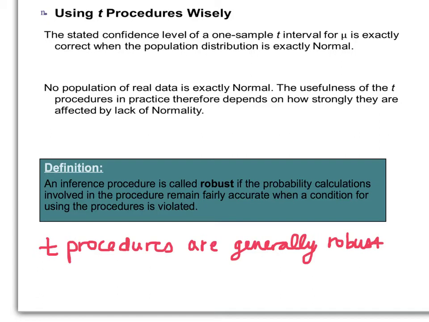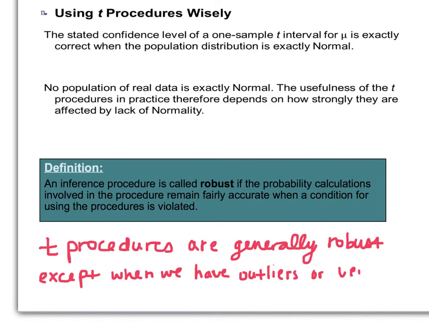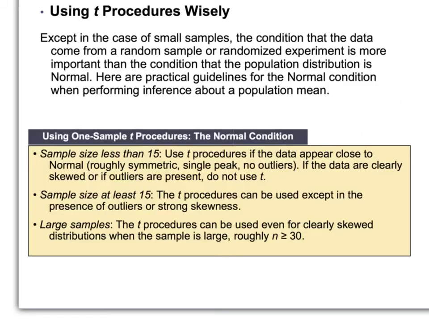The only time my t procedures are not robust is when we have outliers or very skewed data. And remember, this all has to do with the population. Okay. So generally, our t procedure will still give us a very, very accurate confidence interval as long as we don't have outliers and as long as our data aren't very skewed.